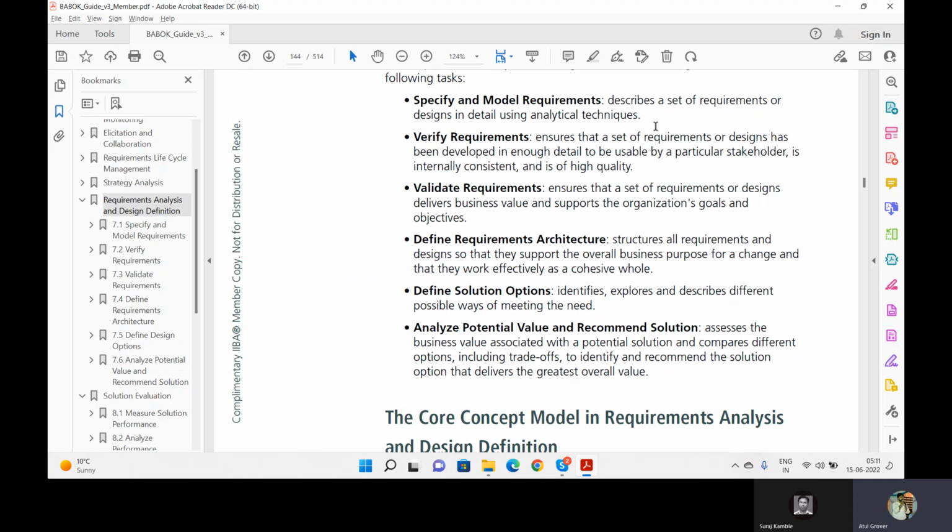Okay, verify: ensure that the set of requirements or design has been developed enough for the particular stakeholder. Now we check that the requirement I got, or the design I'm preparing, is this suiting my required stakeholder or not?